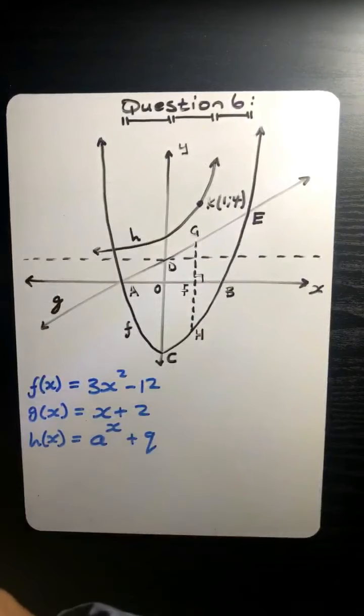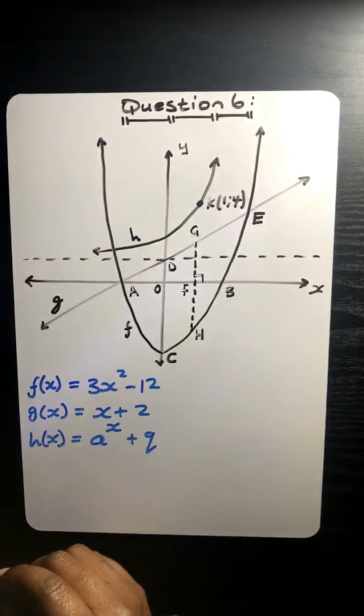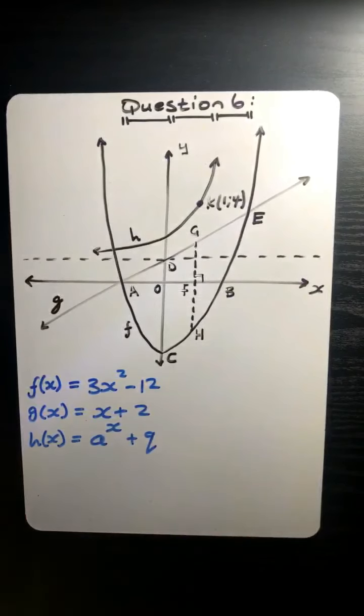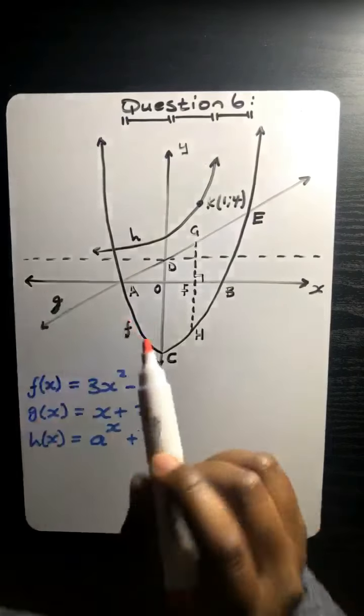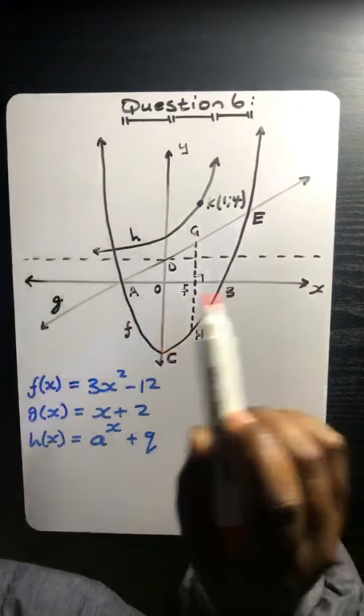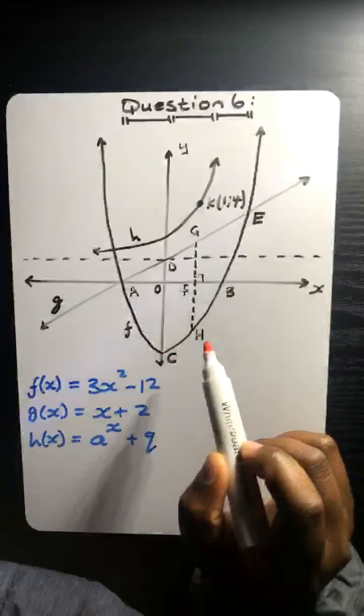The last statement says A and B are the x-intercepts and C is the turning point of f. Every time you read the given statement, guys, try to refer to the sketch so that you know exactly what they're talking about.